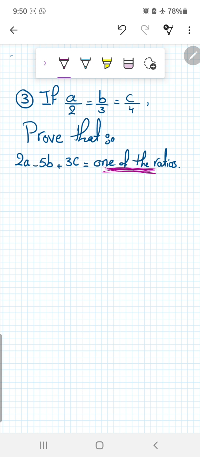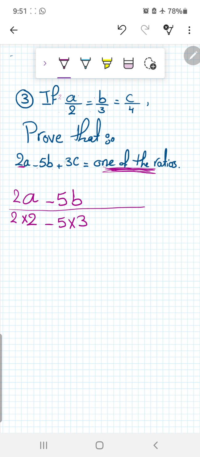As we said, first we look at 2A. So the first ratio 2A means multiply by 2 up and also multiply by 2 down. First make a big fraction. Here we have A, the first ratio, multiply 2 up and multiply 2 down. Minus 5B, so minus 5B up and minus 5 down. Plus 3C, so plus 3C up and plus 3 down.